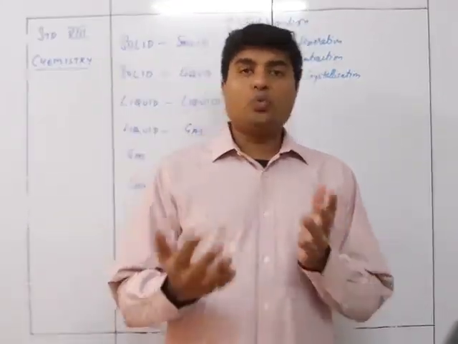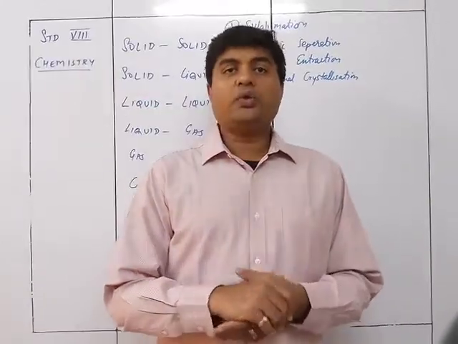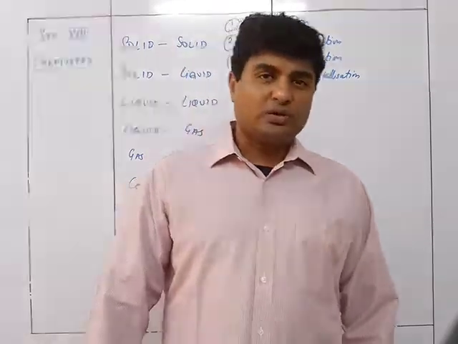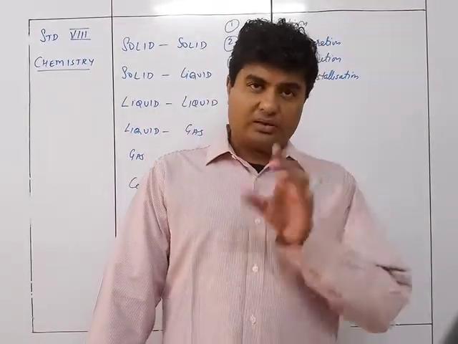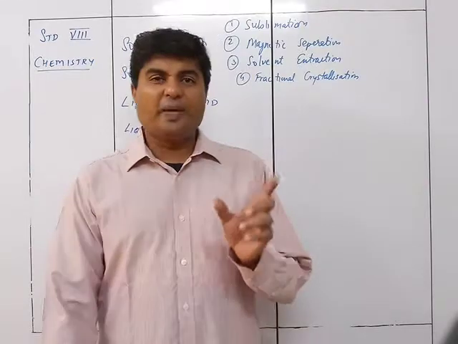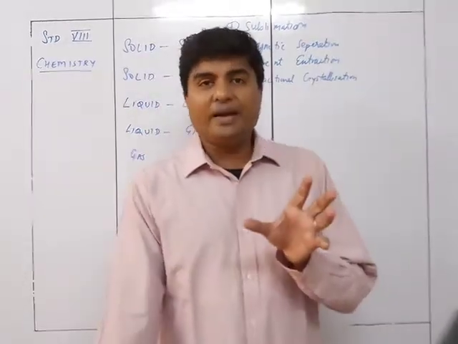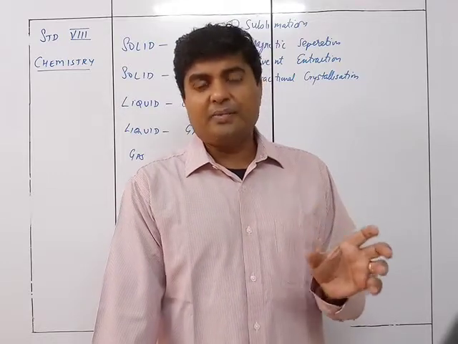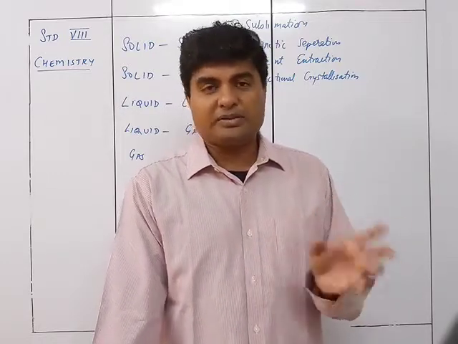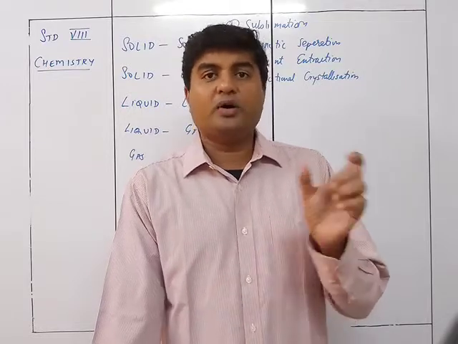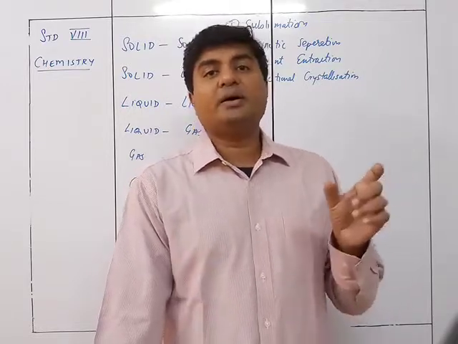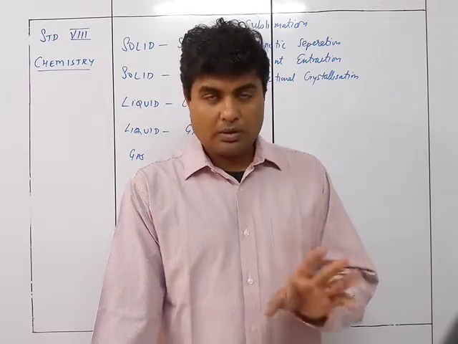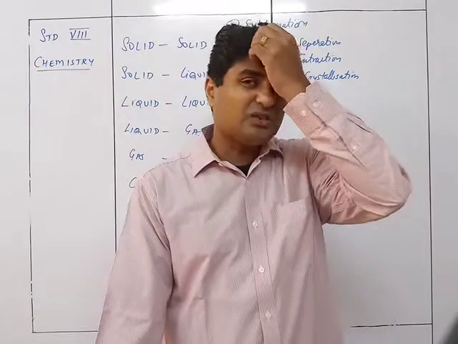So when these 2 are of different solubility, you can separate one of them by making it into a concentrated or a saturated solution. We'll get into detail of this in the later part of the chapter, but it is based on the solubility of the substance, meaning how much more soluble one substance is than the other. So depending upon the difference in the solubility, there will be a way by which we can separate those 2 elements or substances from a mixture.